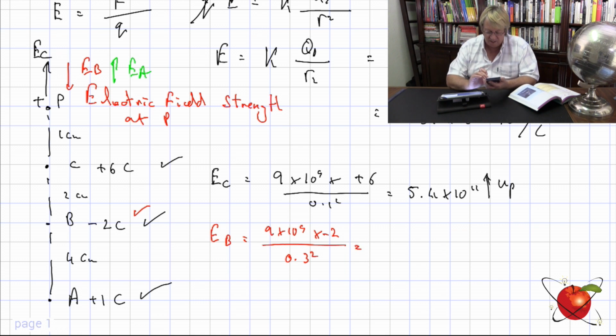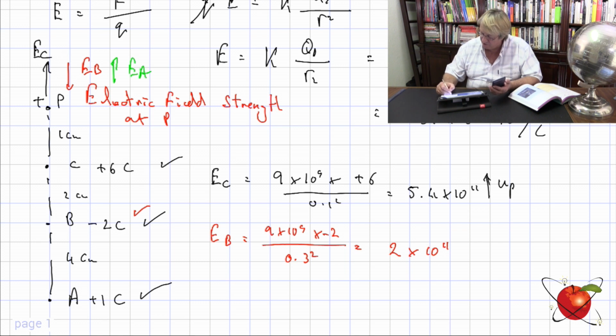That's 9 times 10 to the 9, times 2 divided by 0.3 squared, which is 2 times 10 to the 11. My field strength is newtons per coulomb. I should write it in every time, newtons per coulomb. Now you could say to yourself, I'll take that as minus, or we just say down.